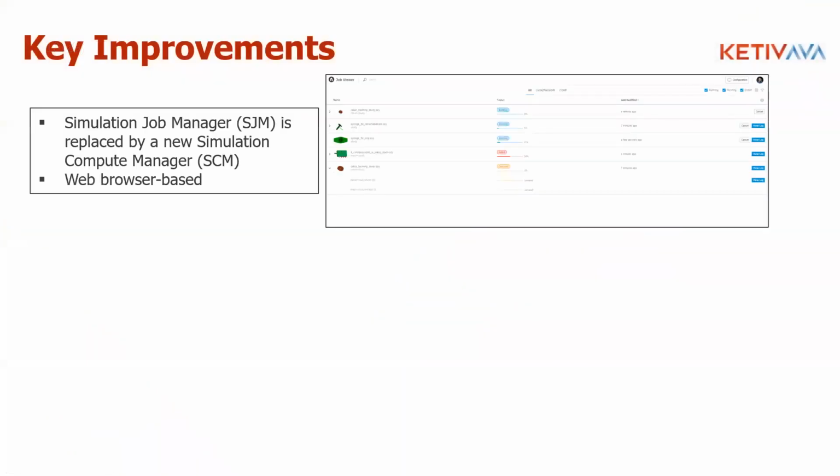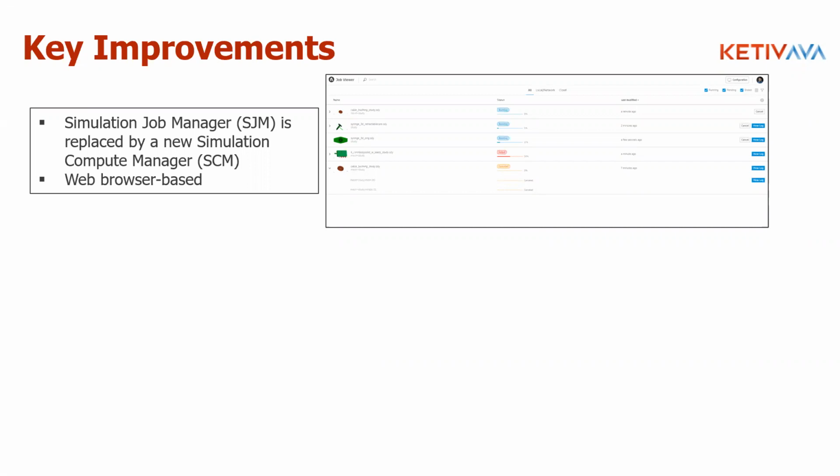The first one that users will see, if you've been using this actively, is that the simulation job manager is gone, and that has now been replaced by what is called a simulation compute manager. And the nice part is it is web browser based, and it works simply off of a login. If you've run into issues with the job manager in the past, with it interfering with your network and not being able to find the license or not being able to log in, all of that is going to be eliminated now.